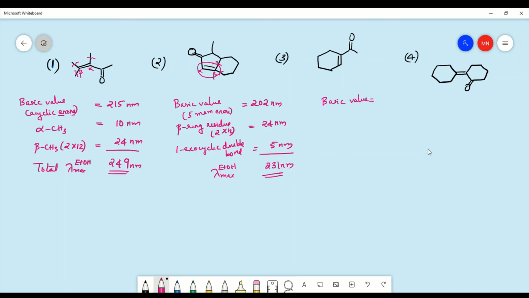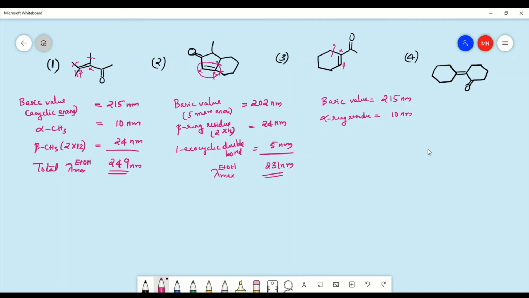For both, the base value is 215 nanometer. Now this is the alpha carbon and this is the beta carbon. In the alpha carbon there is one ring residue, so you write alpha ring residue. The contribution is 10 nanometer.